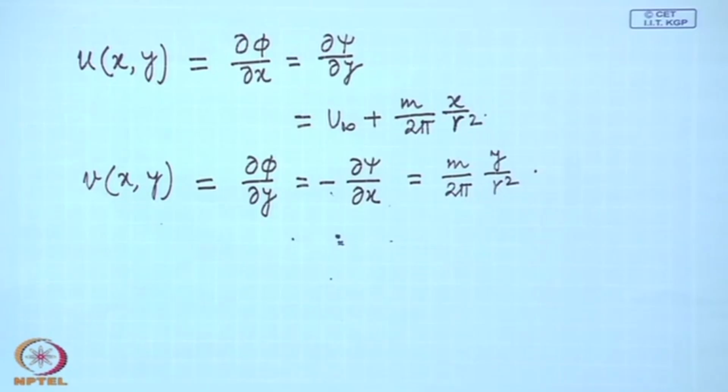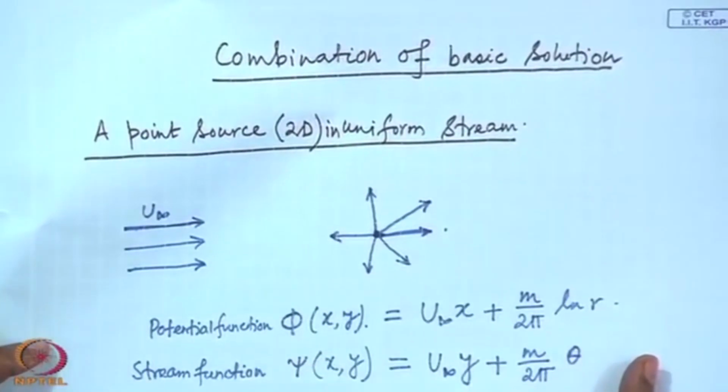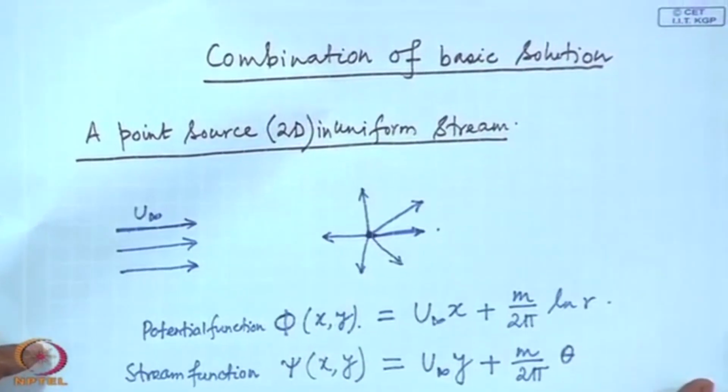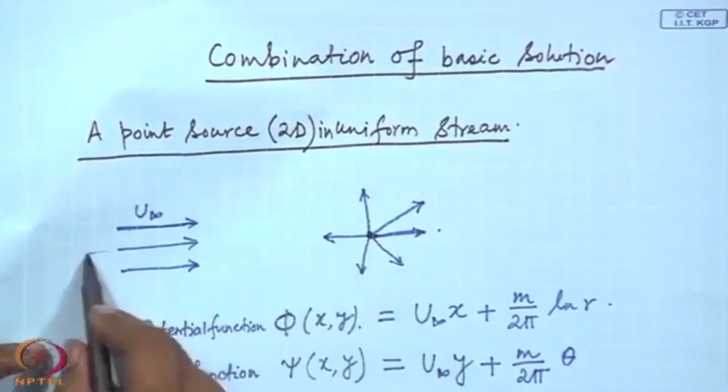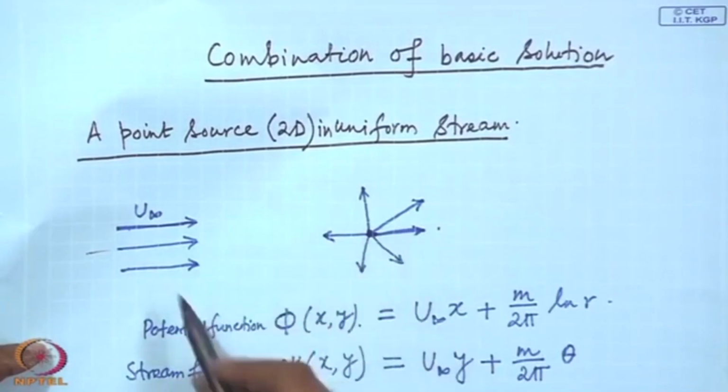So, this is the combined velocity field. This is the velocity field due to a combination of uniform stream and a point source. Is there any point where the flow velocity is 0? If we look at this problem, if there is a point where the flow velocity is 0, that is likely to be on the negative x axis at theta equal to pi.